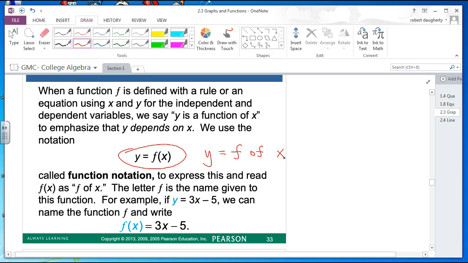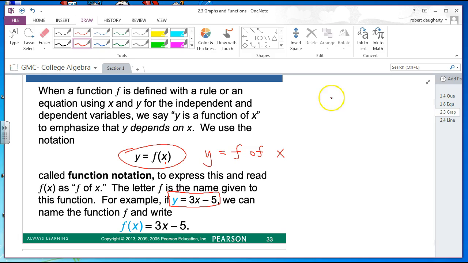Okay, this is not multiplying that f times an x. These are not two variables multiplying. It's saying that y is defined as a rule. You give me an x, and then I will give you y as an output. Okay, so really all we're doing here is, when you have a function like this, a line, y equals a linear equation, 3x minus 5, to write it in function notation, we're just going to substitute f of x for y.